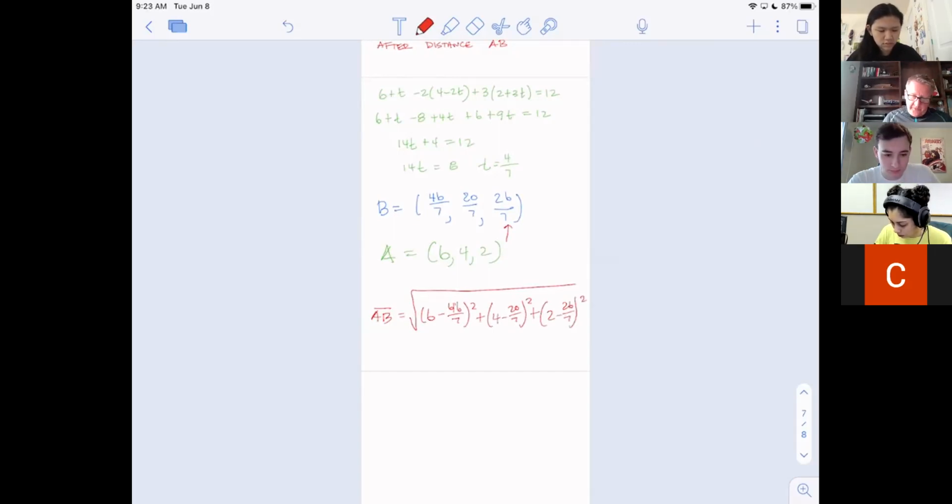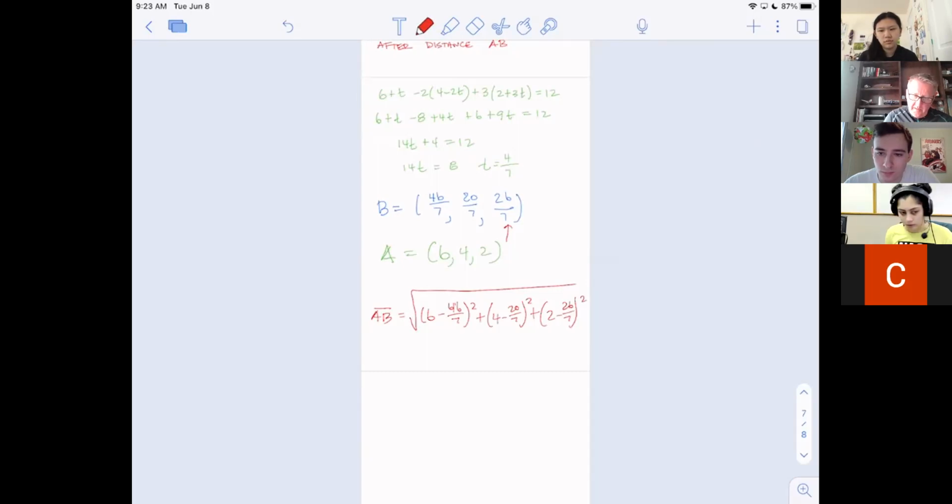And then I'll get my answer. So I'm going to type that whole mess in really quick and we'll be done. 46 divided by 7. I say square that number plus, maybe we'll get lucky and this will turn out really nice, but I doubt it. 20 divided by 7, square that. So I'm not typing the square root just yet.